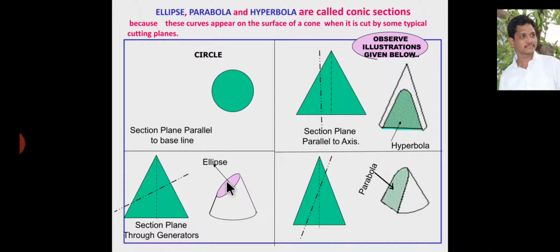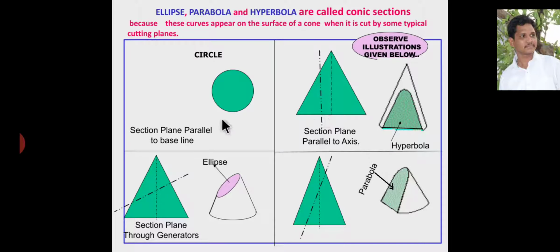So in case of ellipse, the section plane cuts all its generators. In case of parabola, it cuts the base and the plane is parallel to one of its generators. And in case of hyperbola, the section plane is parallel to the axis of the cone, or makes some angle with the axis of the cone, and it cuts the base.